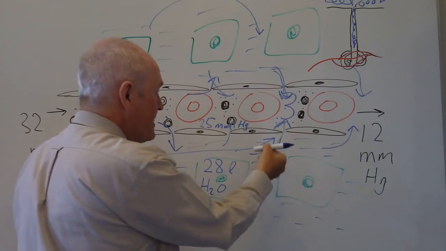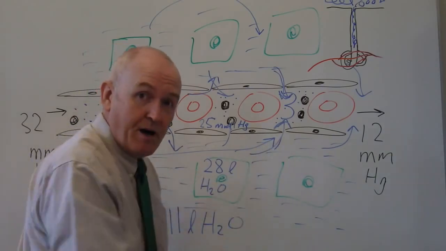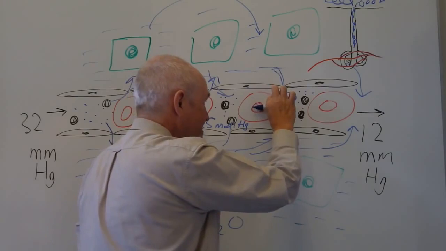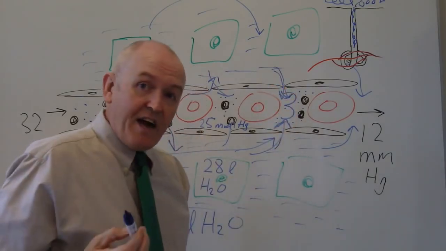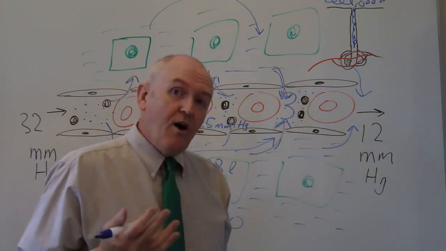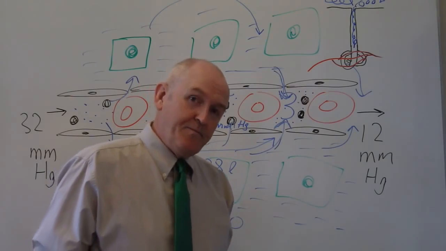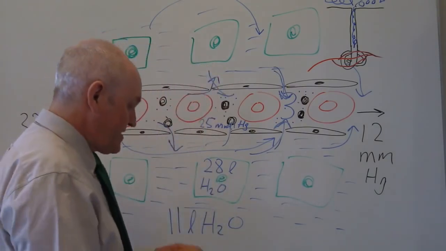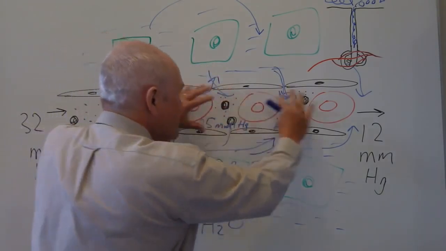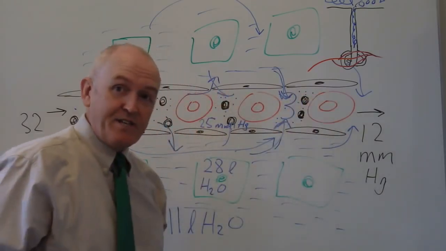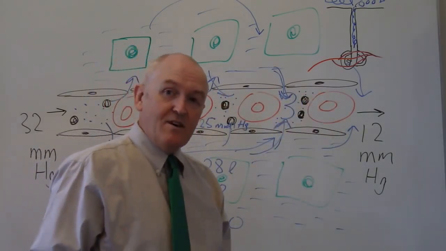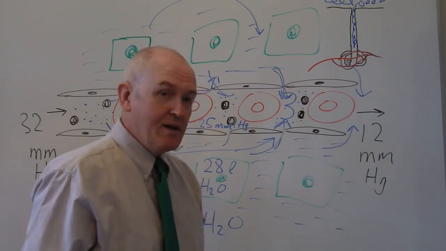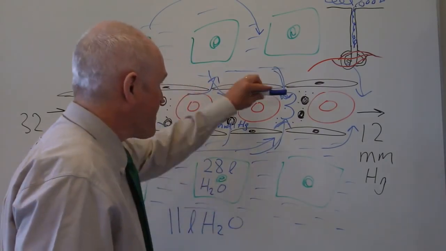We'll get fluid moving from the interstitial compartment into the intravascular compartment, and that will restore the volume of the intravascular compartment. This is absolutely essential, because if we don't restore it, that will lead to hypovolemic shock. The blood volume will drop.